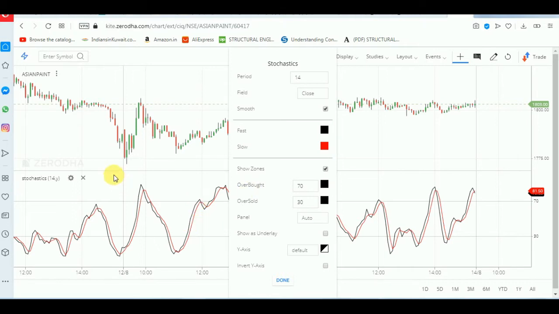Oversold means the particular stock has already been oversold, which means that the stock has reached the bottom level, and the stock has a potential of reversal in the upper direction. That is about the overbought and oversold regions.